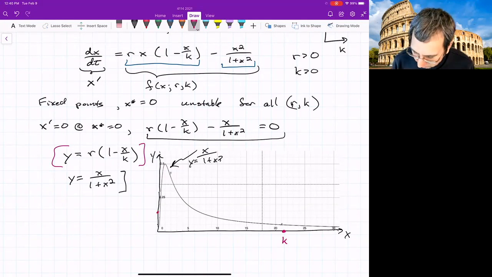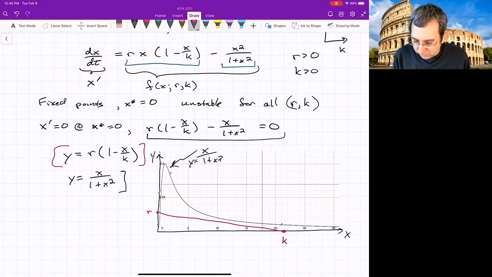For small enough r, here's a straight line. The curves only intersect, and it's hard to see because I plotted this to scale, in just one point close to x equals 0.